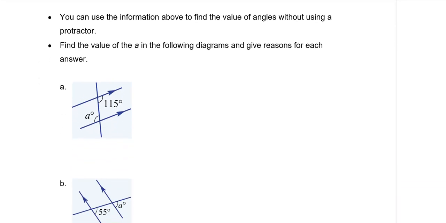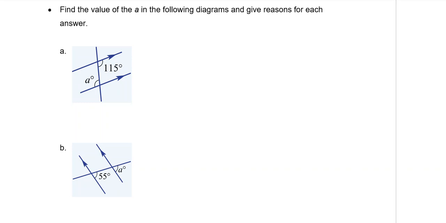Okay. You can use the information above to find the value of angles without using a protractor. In fact, you shouldn't use a protractor for these questions because the diagrams are not usually drawn to scale. So, find the value of A in the following diagrams and give reasons for your answer. Of the 3 reasons that we just learned, we need to work out which one to use for the question.